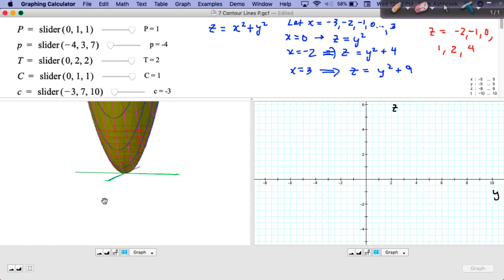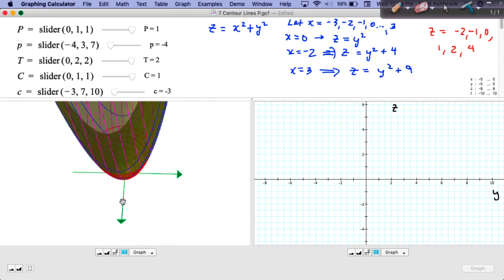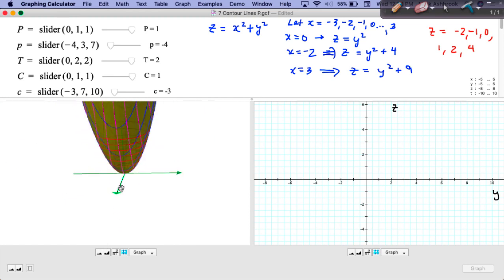Okay, so does the idea of traces make sense? Setting one of the variables to constant values and looking at that plane in R3, you get a curve. That curve lives in that plane, and all those curves put together give you a surface. That's the idea of traces. This particular kind of surface is called a paraboloid, so it looks like a three-dimensional parabola.